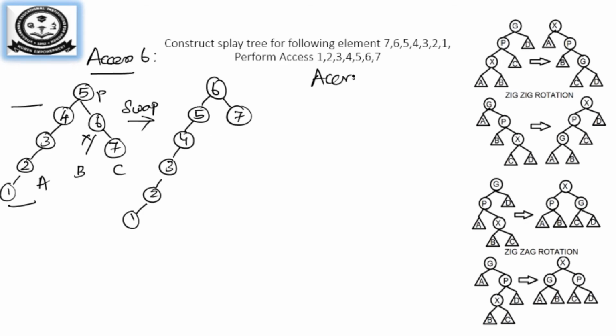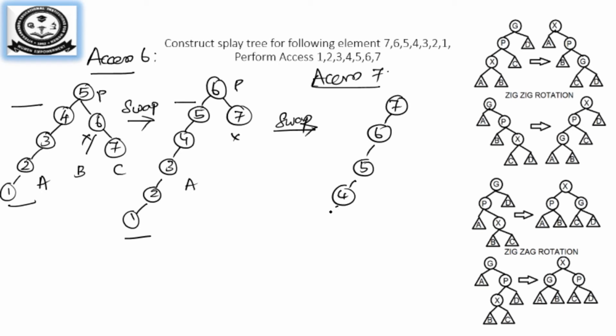Similarly, access 7, again you have only swap. So you swap it. So this entire structure will be considered as A. I don't have B, I don't have C, only I have P and X. So when you swap it, so this is P and X. So only swap it, you will get the final diagram 7, 6, 5, 4, 3, 2, 1.